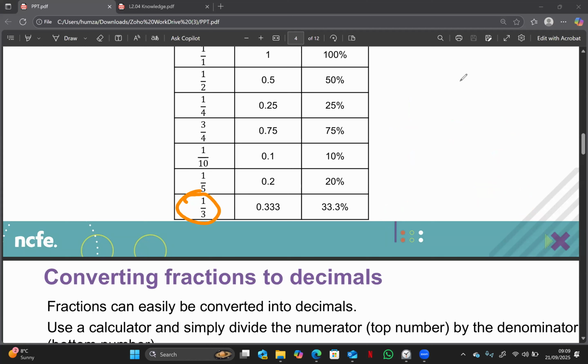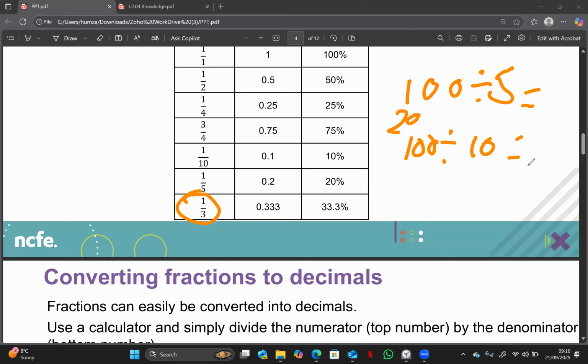What's the answer? 20, exactly. I'll give you another example. What's 100 divided by 10? 100 divided by 10 is 10. Yeah, exactly.